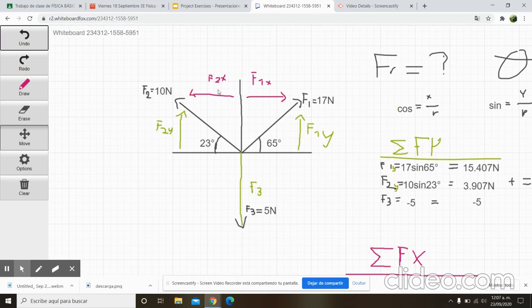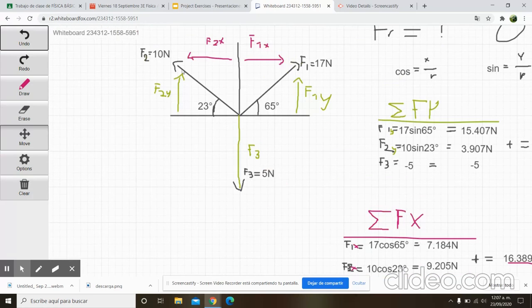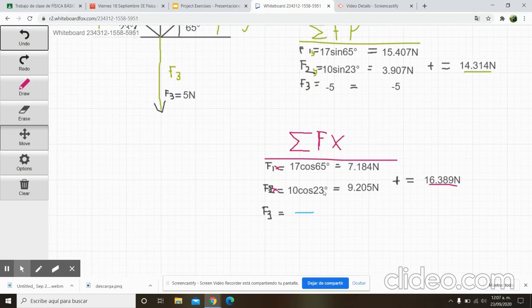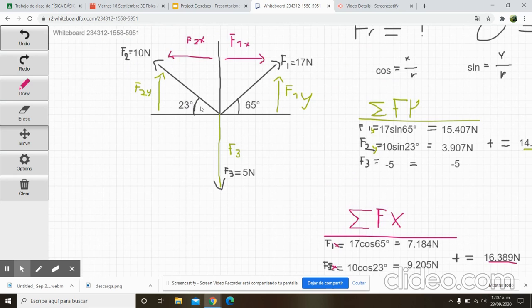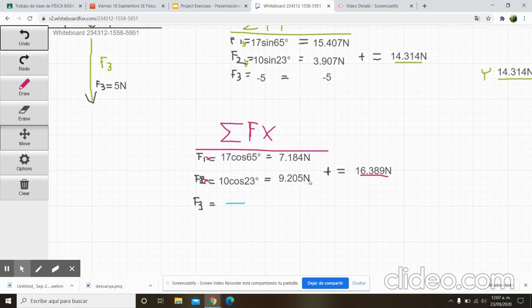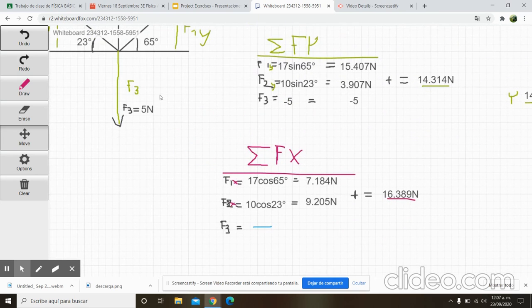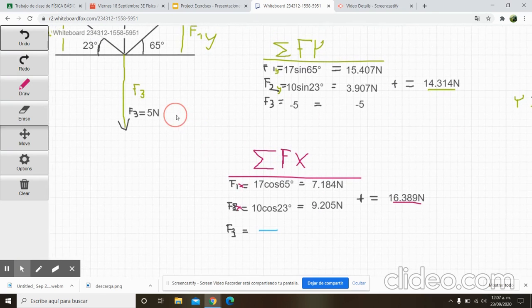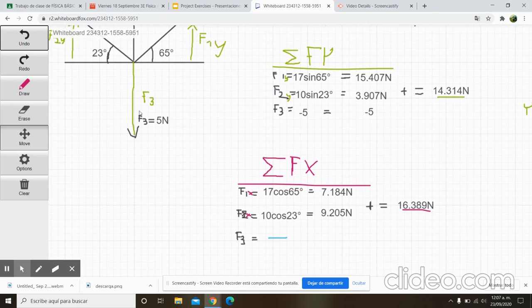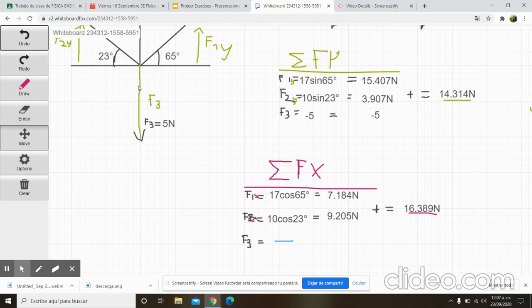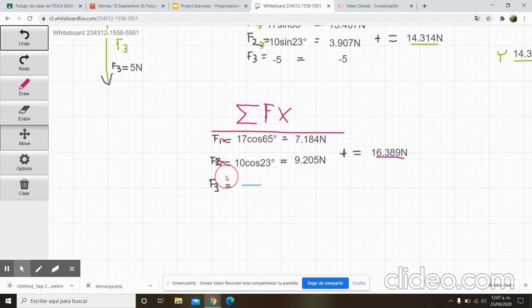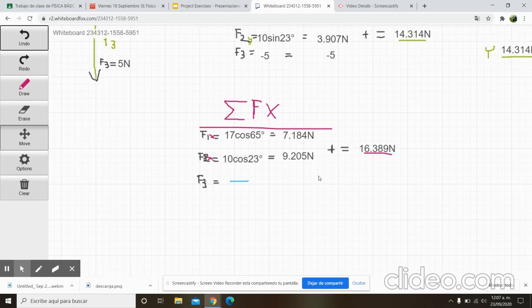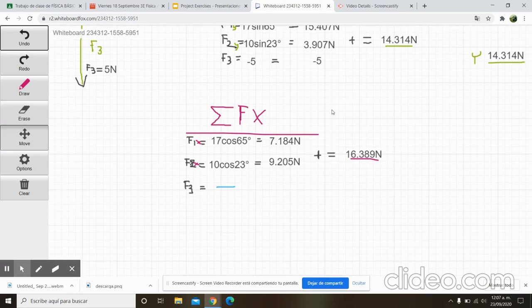Then force 2x: the force 10 cos 23 angle, and we have this. In force 3 we're not going to have an x component because it's already in the y-axis, so we're not going to put anything. We only do the sum and we get this.